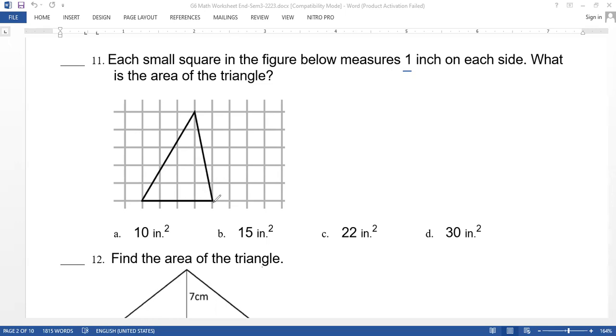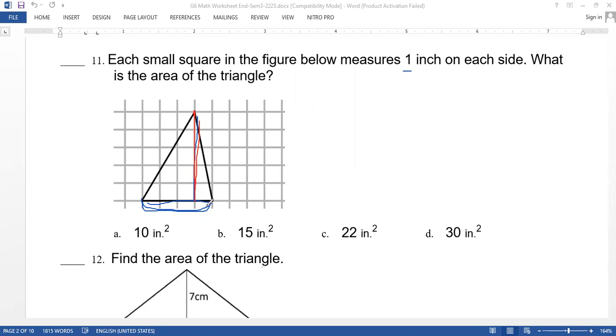So you have to be careful, guys, to choose the base and the height. Look, this is the base, and the height is the perpendicular distance from the base to the opposite vertex. So this one is the height, because it's the distance from the vertex to the base.